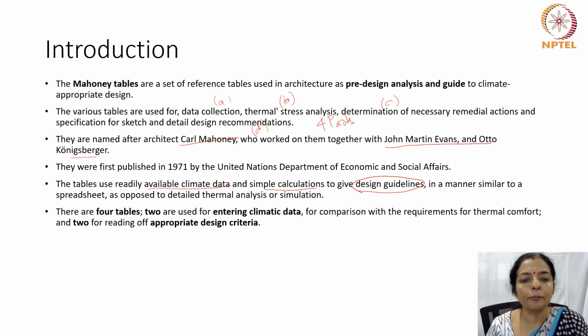It's more like an Excel sheet as against a simulation. There are four tables primarily. Two are used for entering climatic data for comparison with the requirements for thermal comfort, and two are used for reading appropriate design criteria.